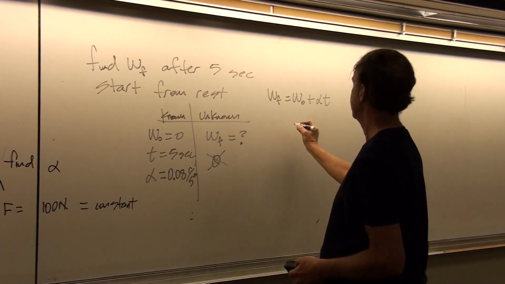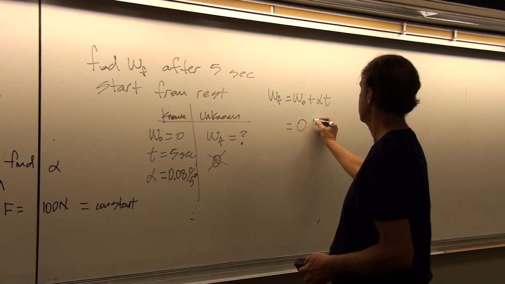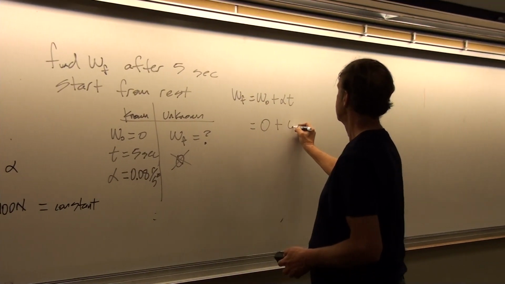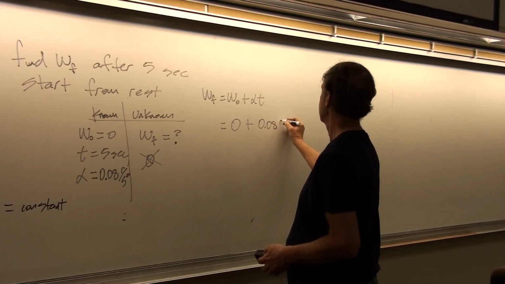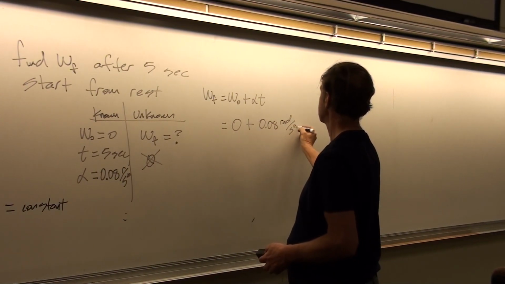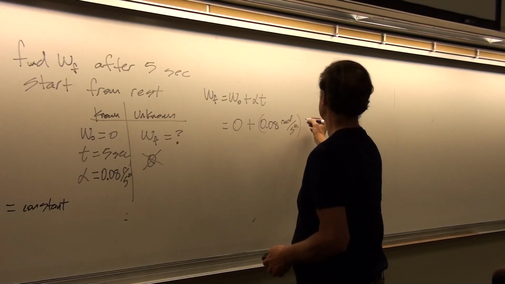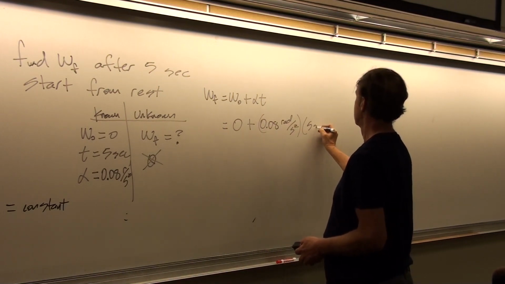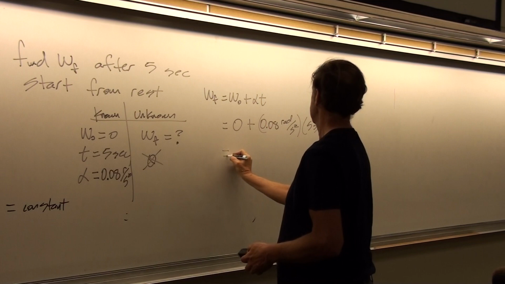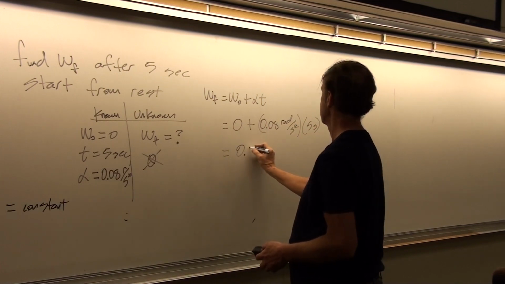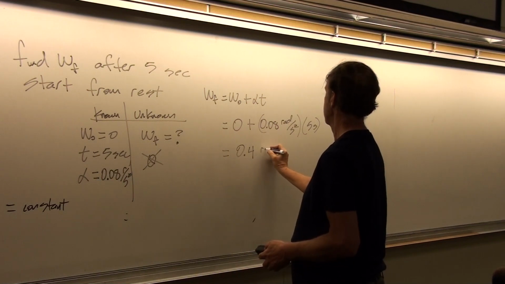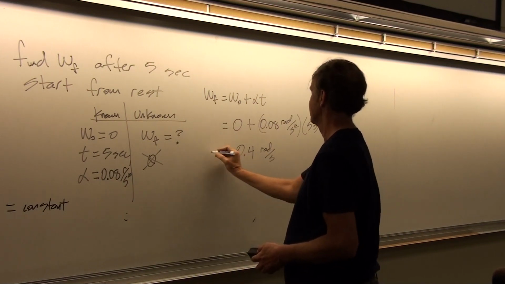So omega final would be 0 plus 0.08 radians per second squared times 5 seconds. That would give us 0.4 radians per second.